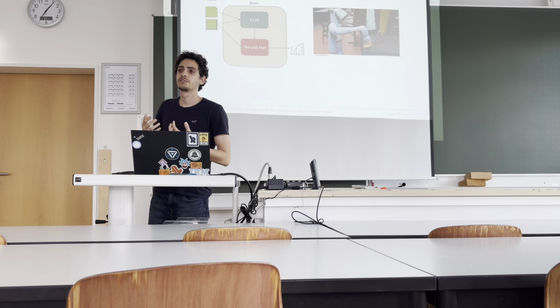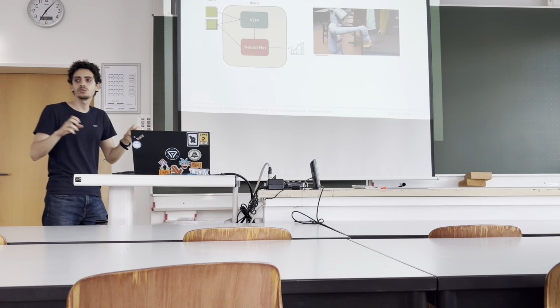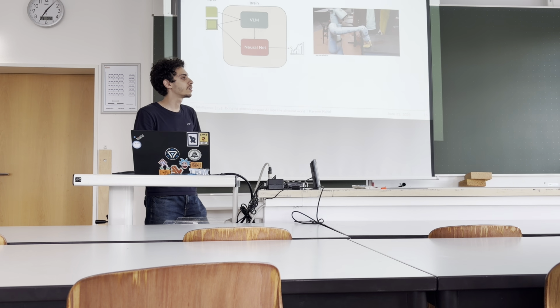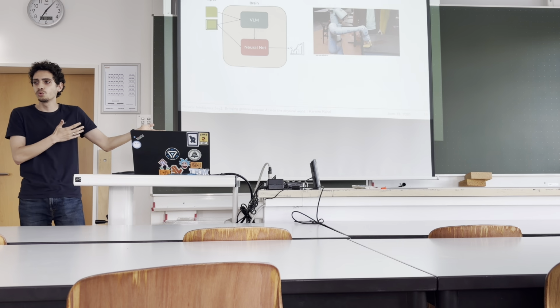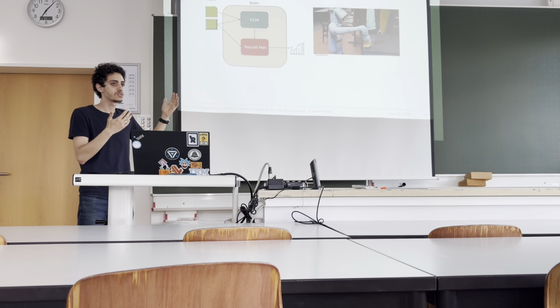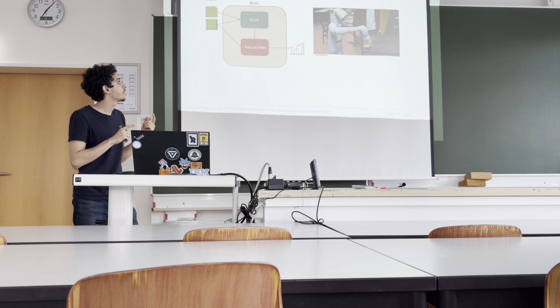Now that we understand those building blocks, we can understand what previous robotics models, or previous projects at least, tried to do. This is SayCan, a previous project by Google also. It's the one before RT2, the robot I showed you at the beginning.